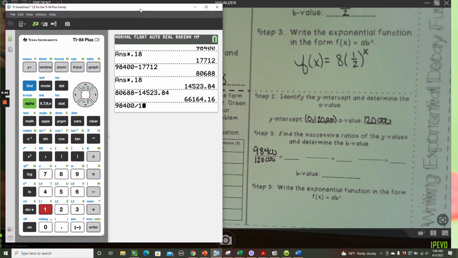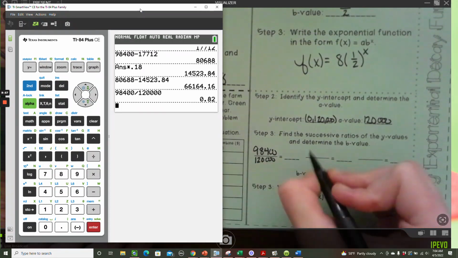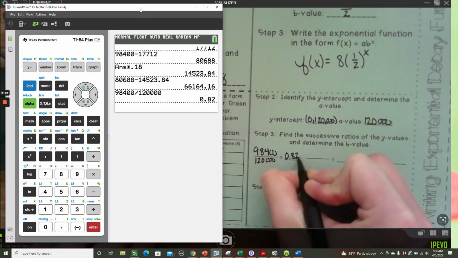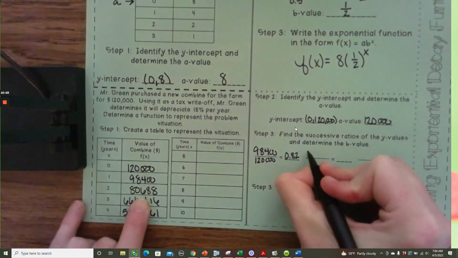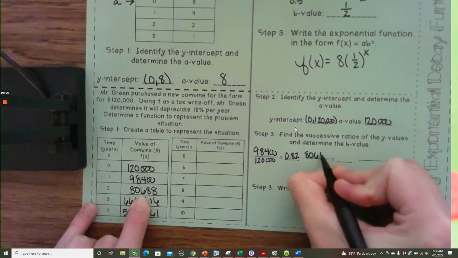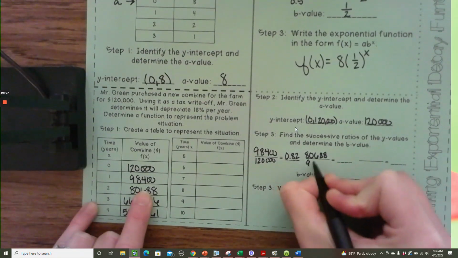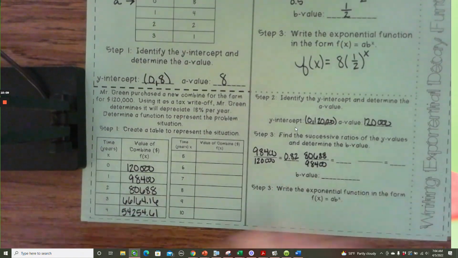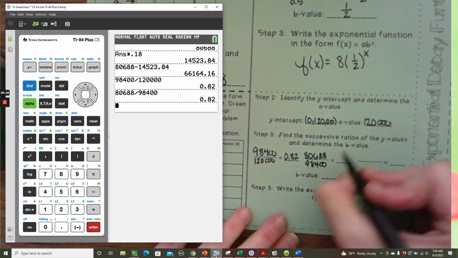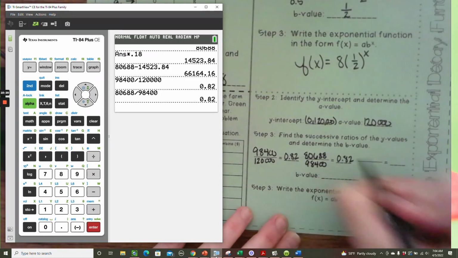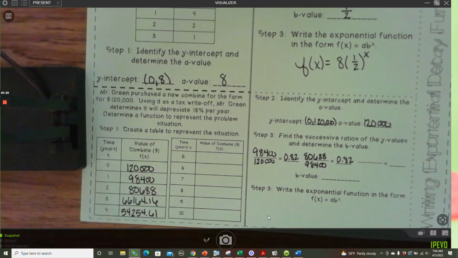And we get 0.82. So for the next one, we would do 8688 divided by 98,400. Same amount. And then do it one more time just to make sure.